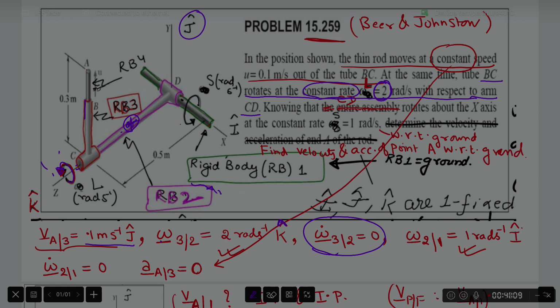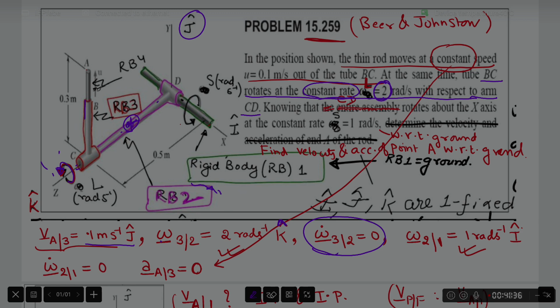32 must also be 0. Moving on, next statement, knowing that CD rotates about the x-axis again at a constant rate. So CD is rotating about the x-axis, RB2 is rotating at a constant rate. Rotating with respect to what? Now this detail is not given in this problem statement.